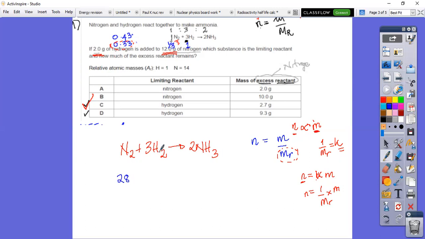Now this here would be 2 times 3, which is 6, and this here would be, well, this is 14 plus 3, 17, 17 times 2, 34. So this is the ratio of masses. Okay, so we are using the ratio of masses, not even using the ratio of moles.